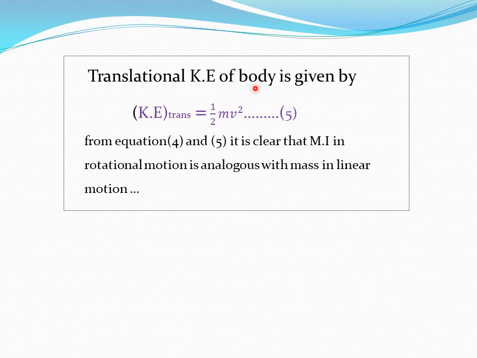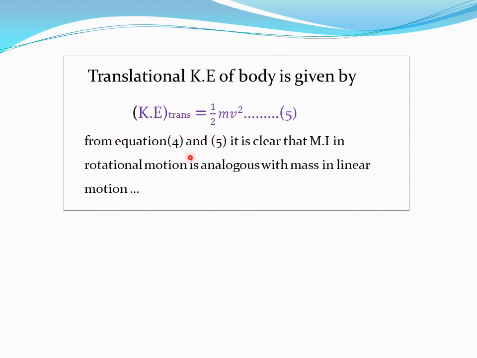Translational kinetic energy of the body is given by, we know that kinetic energy translational is equal to 1/2 m v square. So this is equation number 5, where m means mass and v means linear velocity. And in the previous slide, in equation number 4, we obtained the equation of rotational kinetic energy, that is 1/2 I omega square.